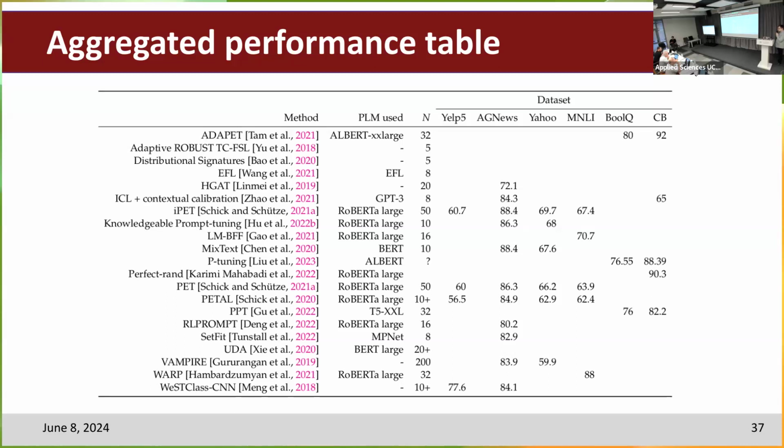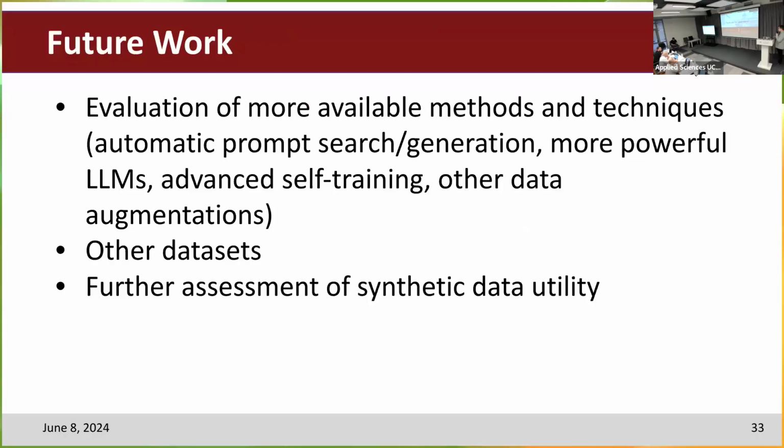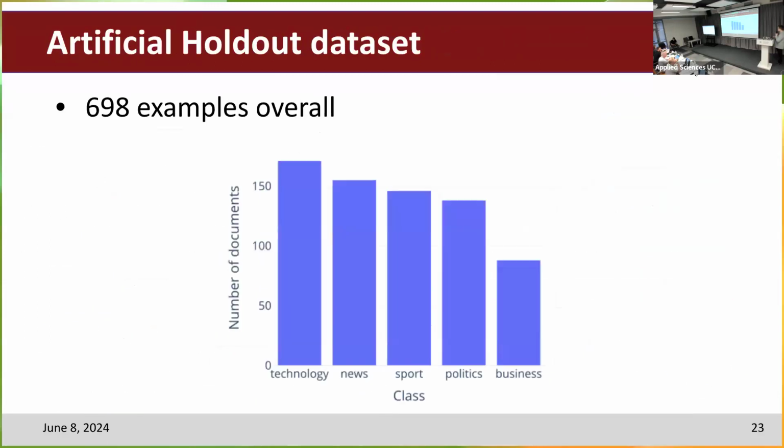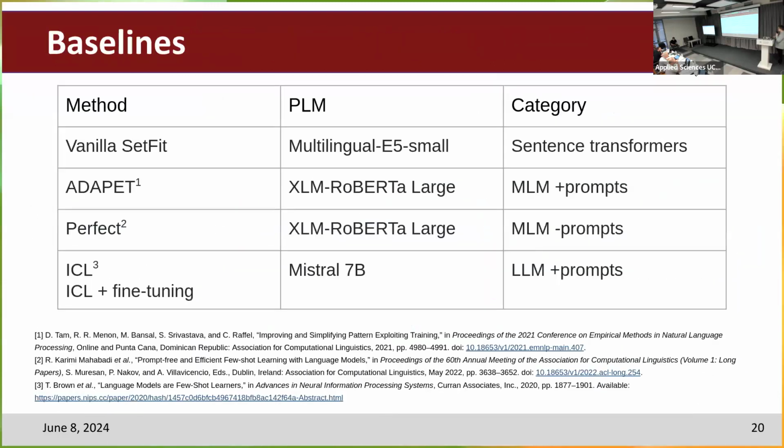I was also curious, could you please go back to the slide where you list the models or approaches you were trying? For example, Mistral 7B. Was it one shot, or was it fine tuning? Yes, we tested two setups.